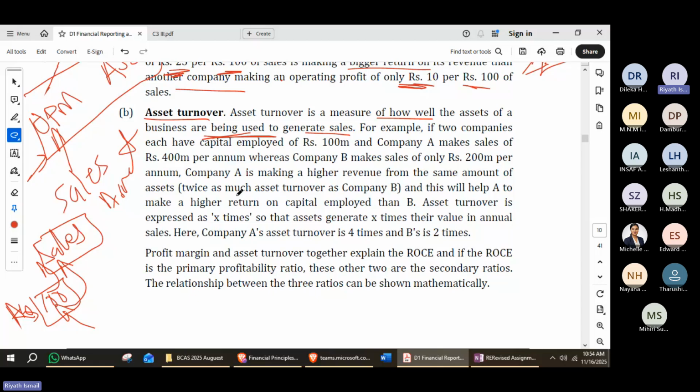They take offices on rental, but they invest heavily on delivery vehicles and other things, because those assets contribute directly to sales.